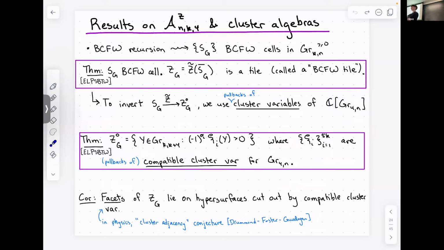So that's the thing I want to explain now, that this statement actually does make sense. The fastest way of saying this is that you can embed Gr(k,k+4) into Gr(4,n) in a certain way that depends on Z. And then you can apply whatever functions on Gr(4,n) you want to Gr(k,k+4) by just using this embedding.